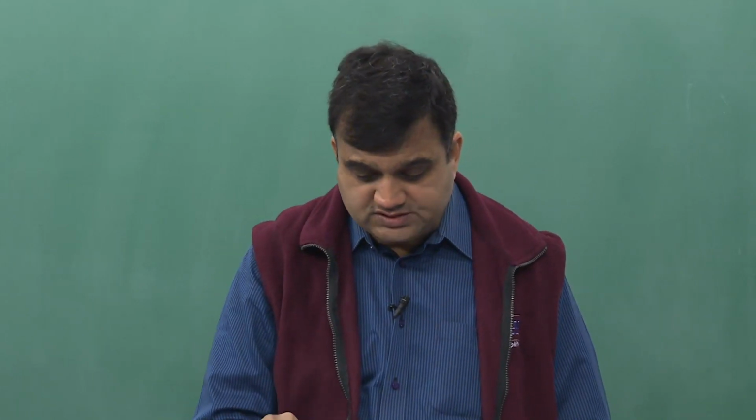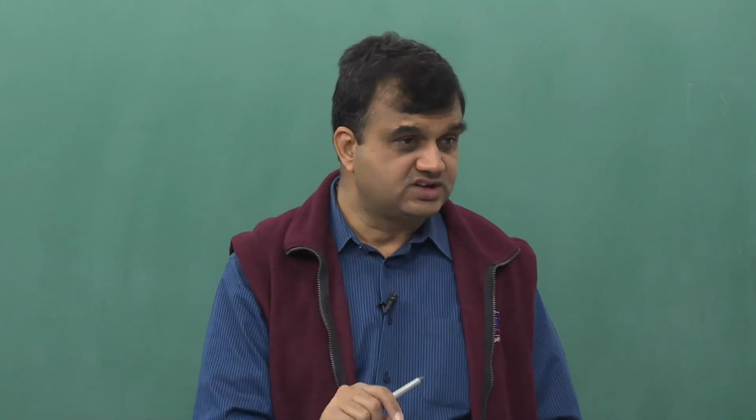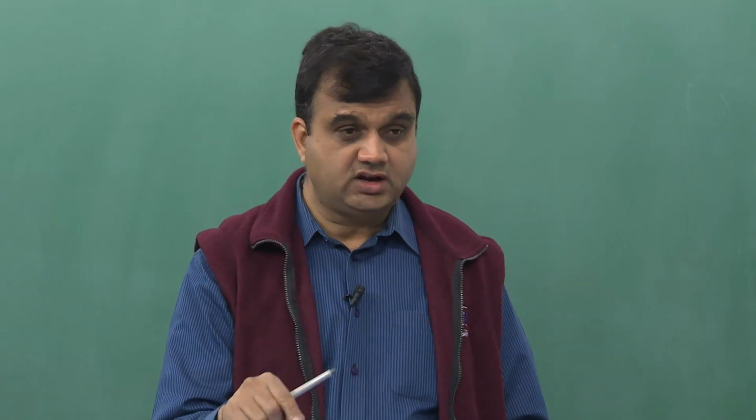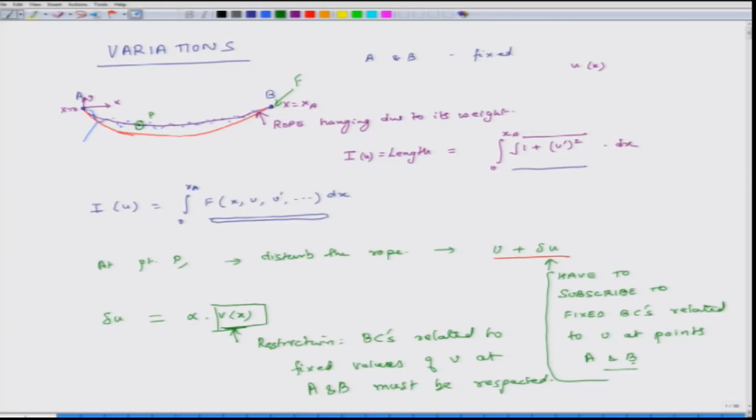At all other points in between A and B, U is not prescribed. So, variation is possible. And what kind of variation is possible? Any variation is possible. So, I am not restricting V. Variations are not possible only where U is explicitly prescribed. It can be 0, it can be non-zero. But if it is prescribed, then variation will be 0. This is very important to understand.